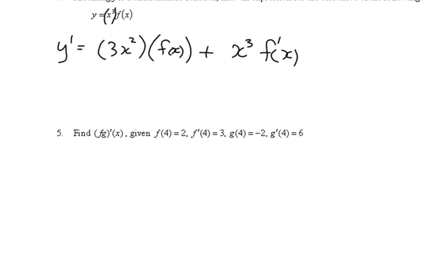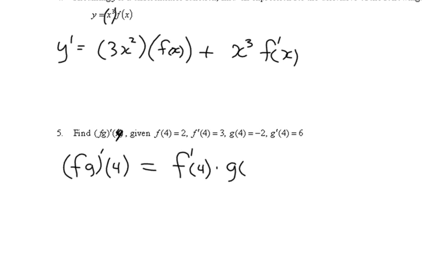Okay. On this one, there's a printing error again in your book. This should be a 4. f times g of x substituted by 4 would be the derivative of the first one with 4 substituted, multiplied by g with 4 substituted, then added f with 4 substituted, multiplied by g derivative with 4 substituted.